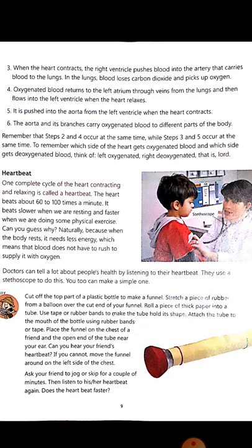So the heartbeat for an adult is how much? 60 to 100 times a minute. Generally, a lower heart rate at the wrist implies more efficient heart function and better cardiovascular fitness. The heart beats slower when we are resting and faster when we are doing physical exercise.